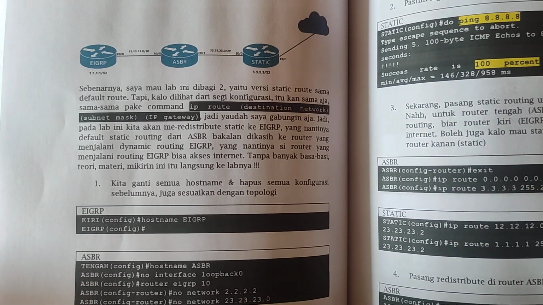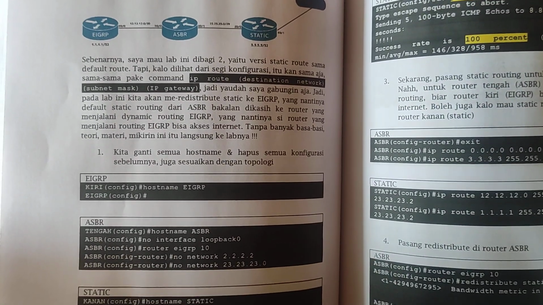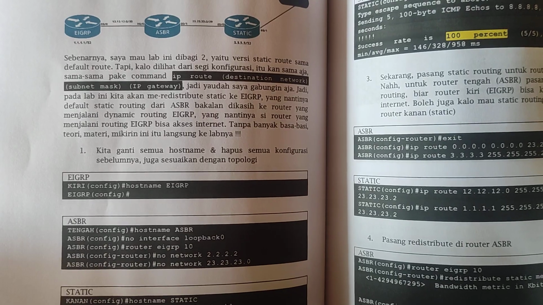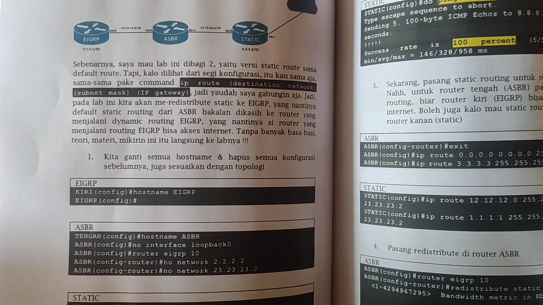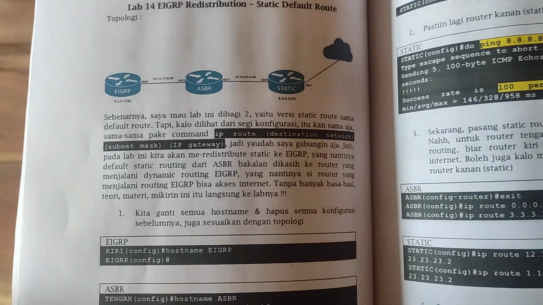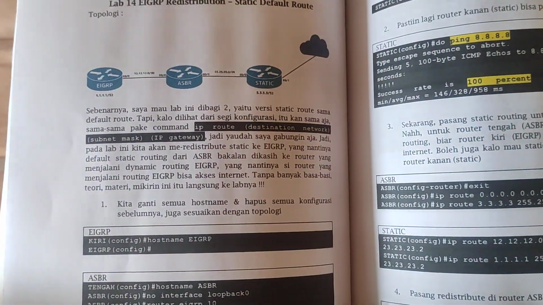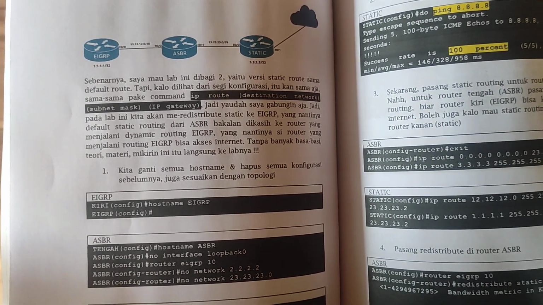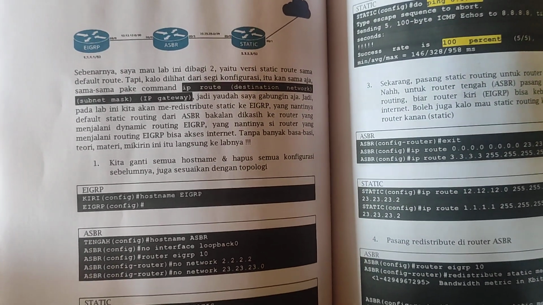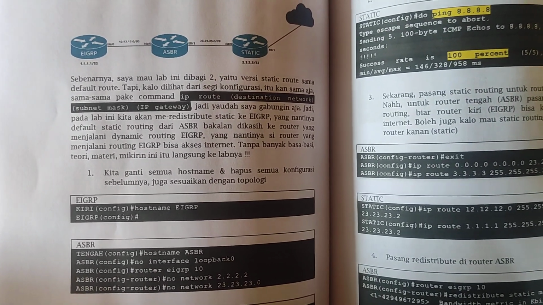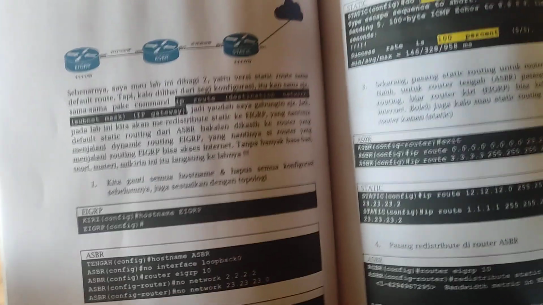It means you configure a static default route on a router, then use redistribute static in Azure so that the default route gets advertised to the network. This way, all routers in the Azure domain will know where to send traffic for unknown destinations.